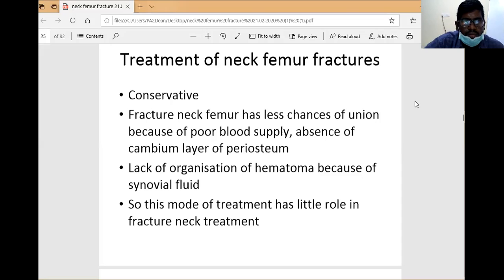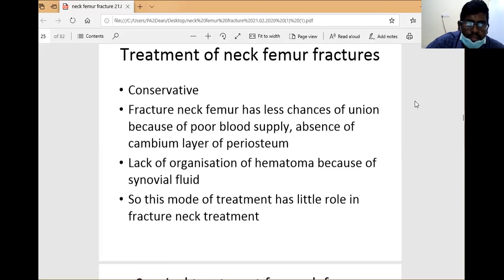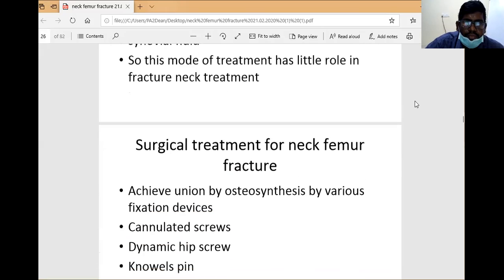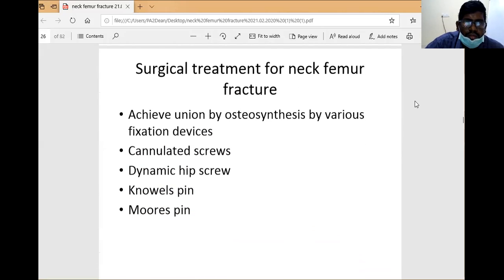Since there is a high chance of non-union, the fracture must be internally fixed as early as possible. The goal is to achieve union by osteosynthesis using various internal fixation devices like cannulated screw, dynamic hip screw, Knowles pin, and Moore's pin.